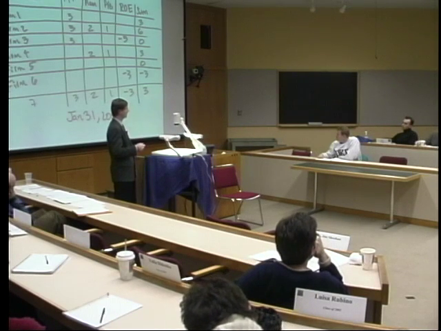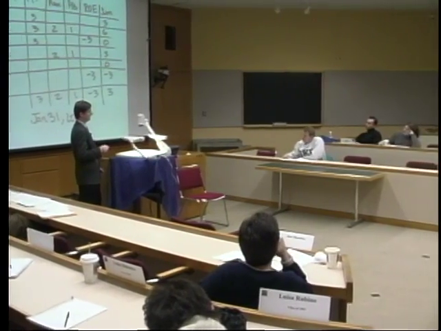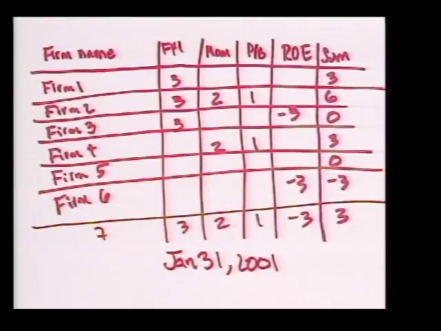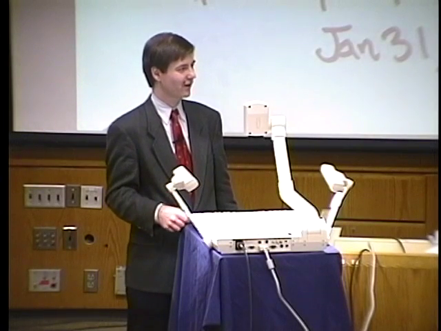Yes? Just following up on Jonathan's question, would it make sense to impose a little bit of structure? Because in this particular case, you have FY1 coming in at 20% and price to book coming in at 5%. So really, FY1 is giving you 4 times the contribution in your portfolio. Sure, and we discussed some different weighting schemes after the lecture on Monday.